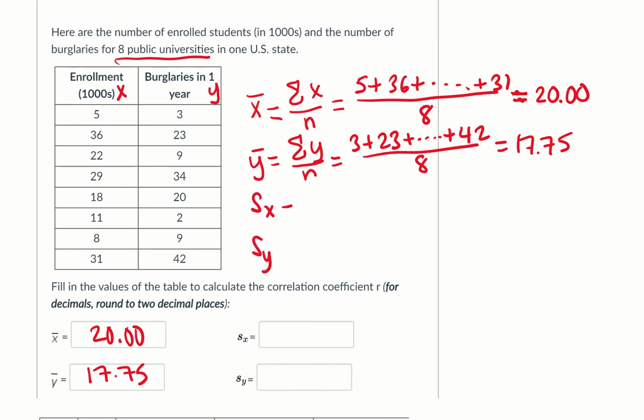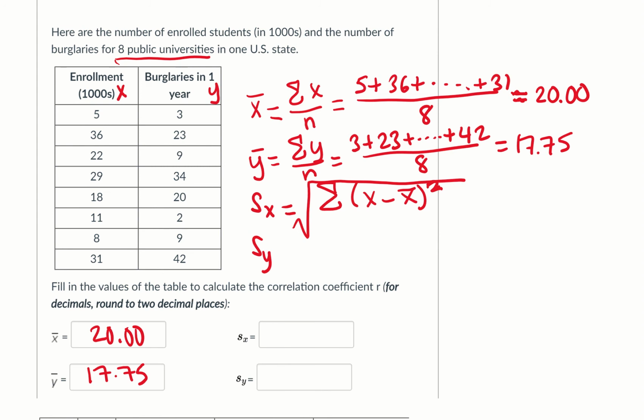Well, let's do SX. The formula for the standard deviation is you have to take the square root of a quantity. The quantity is the sum of the deviation from the X value to the mean, squared.